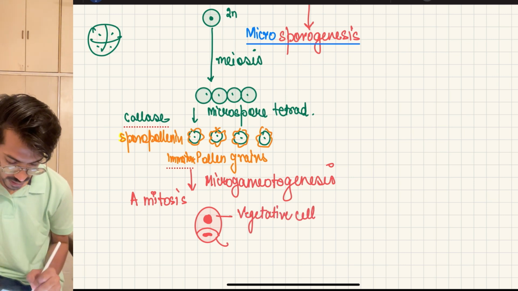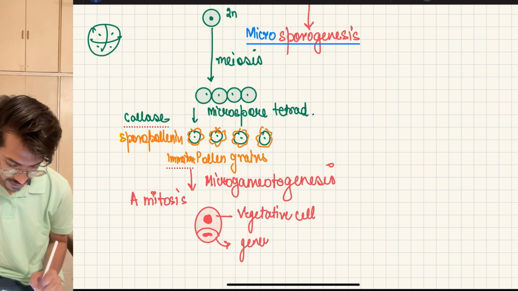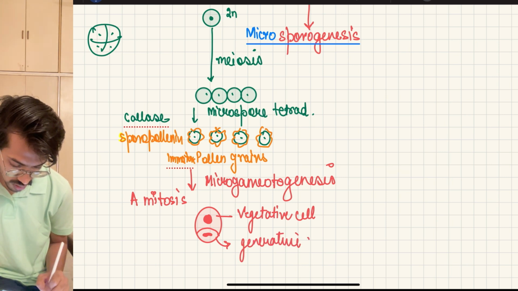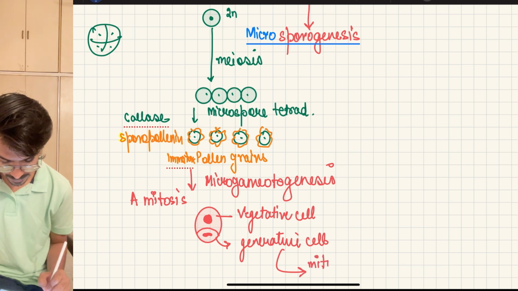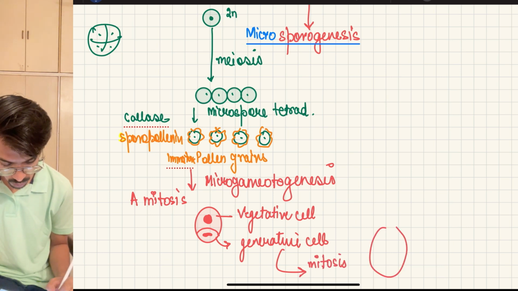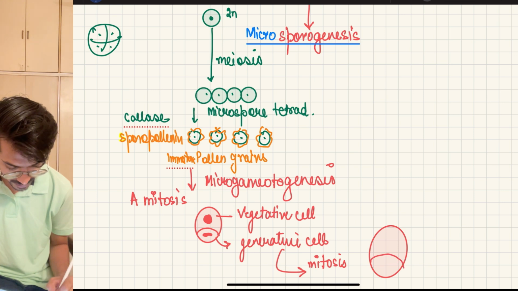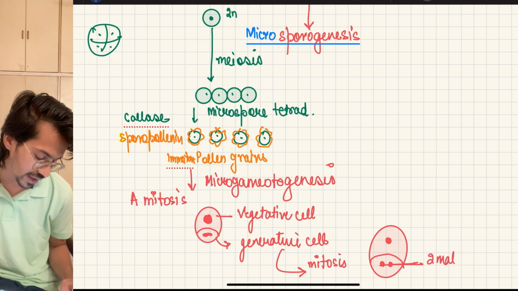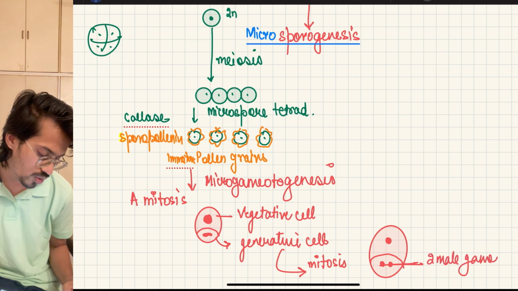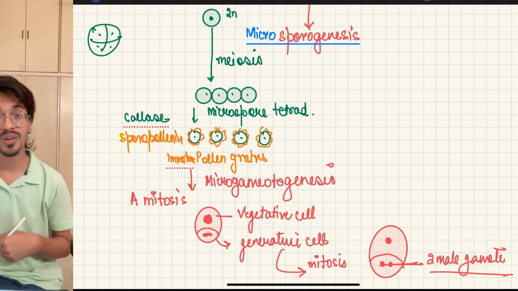Whereas the smaller cell is what? Generative cell. Now, this generative cell will undergo mitosis. And it will form two nuclei. And these two nuclei are what? Two male gametes.